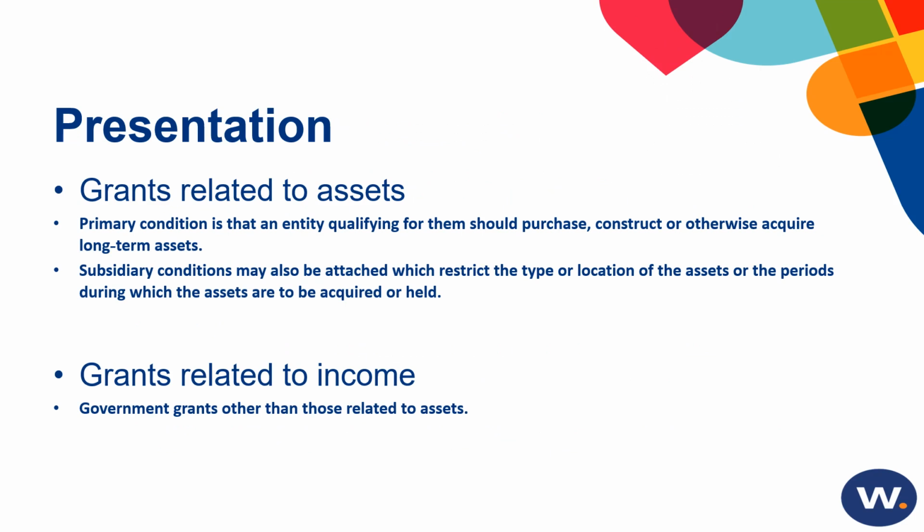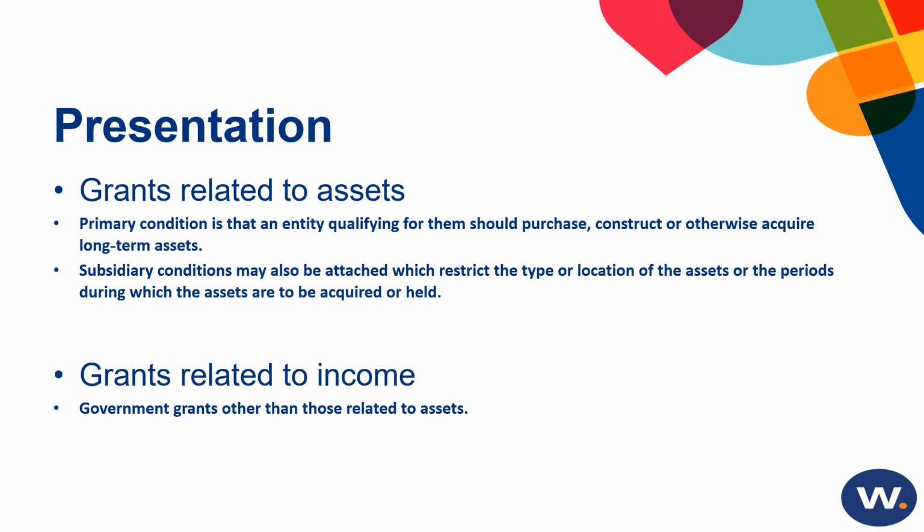So now, when we look at the presentation of government grants, we should note that there's different presentation applied to different types of grants. So we could have government grants which are related to assets, or we could have those grants which are related to income. The grants which are related to assets are those for which a primary condition for an entity to obtain this grant is that the entity is required to purchase, construct, or otherwise obtain long-term assets.